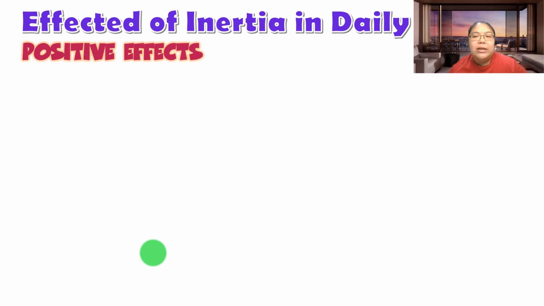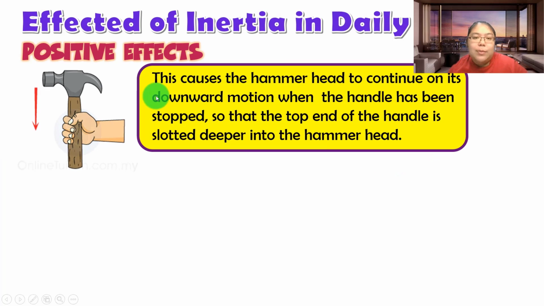Okay, effects of inertia in daily life. We have positive effects. What are the positive effects? The first one is the hammer. This causes the hammer head to continue on its downward motion. When you knock the handle of the hammer, suddenly you stop, but the head of the hammer still continues to move because it cannot stop immediately, because of inertia.